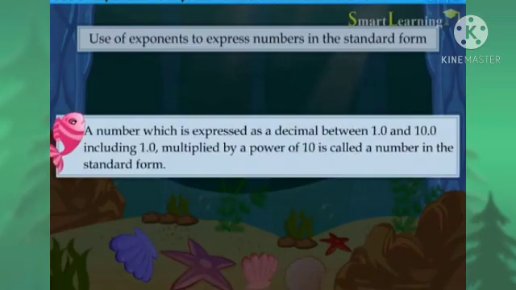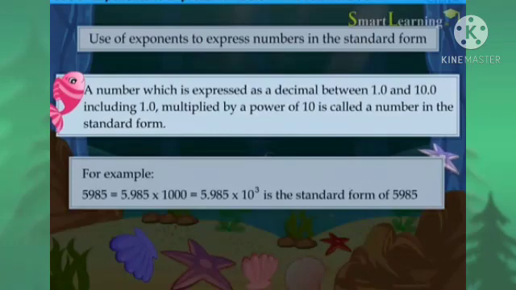We know that a number which is expressed as a decimal between 1.0 and 10.0, including 1.0, multiplied by a power of 10, is called a number in the standard form.